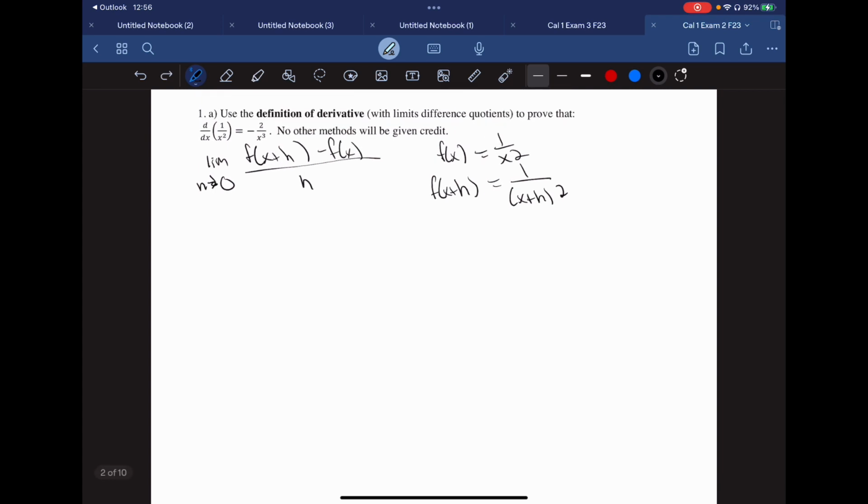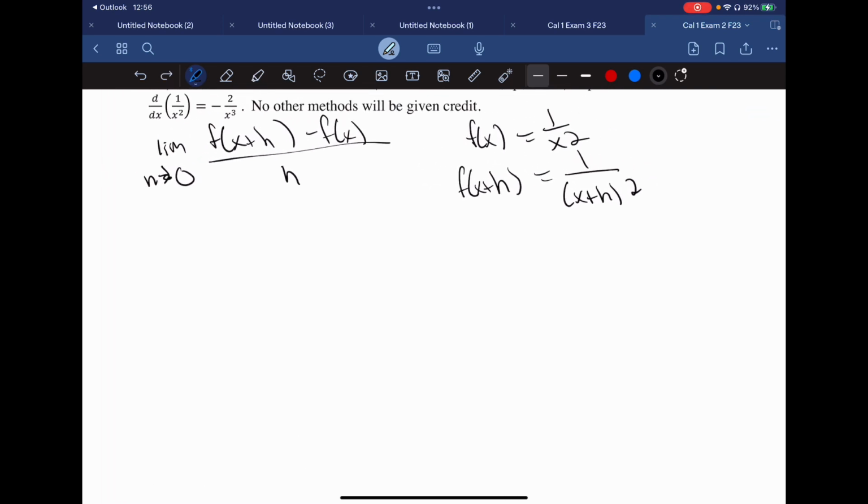So now that you have everything, plug it into the equation, you're going to get limit as h approaches 0 of 1 over x plus h squared minus 1 over x squared all over h, right?